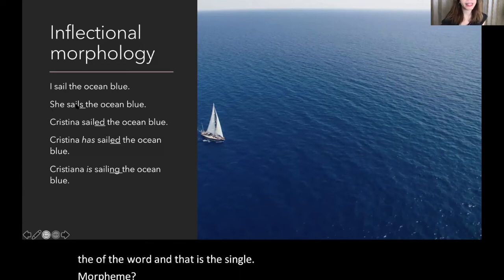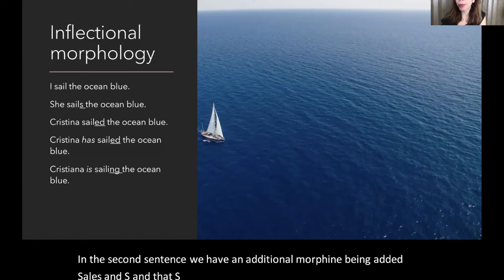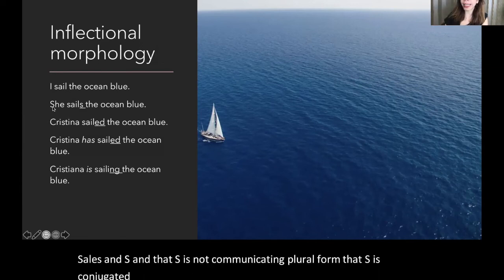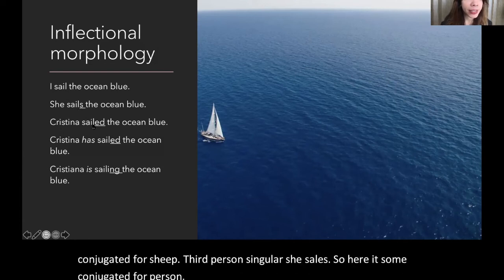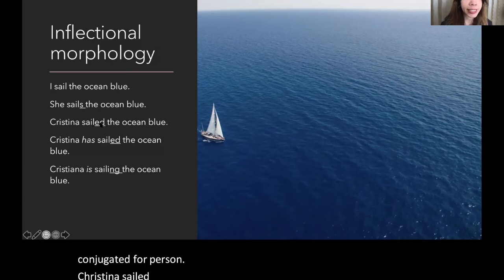In the second sentence, we have an additional morpheme being added, sails, an s, and that s is not communicating plural form, that s is conjugated for she, third person singular. She sails. So here it's conjugated for person. Christina sailed, suddenly this ed is attached.